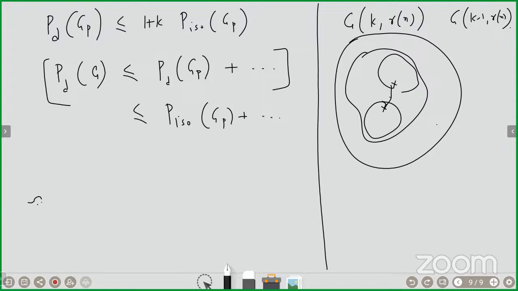So think of the new guy being isolated. Now can you connect these three things together? PD of G of K comma R, PD of K minus 1 comma R, and the fact that the kth point is somehow isolated.